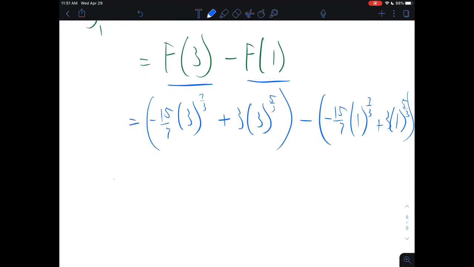So if I want to clean this up a little bit, there's not really much that you're going to be able to do, except maybe with the ones that we have over there to the right. So negative 15/7 times 3^(7/3) plus 3 times 3^(5/3), which, since I have the same base, I could say that that's 3^(8/3).